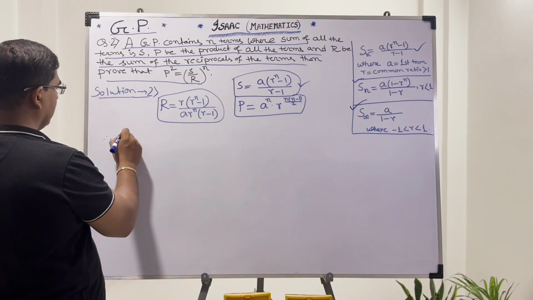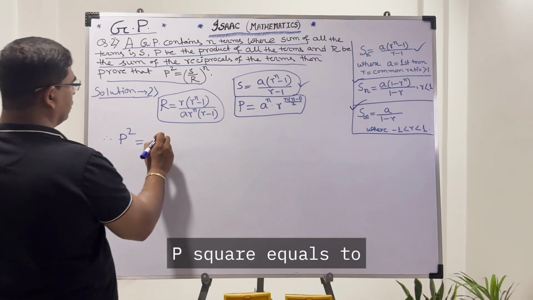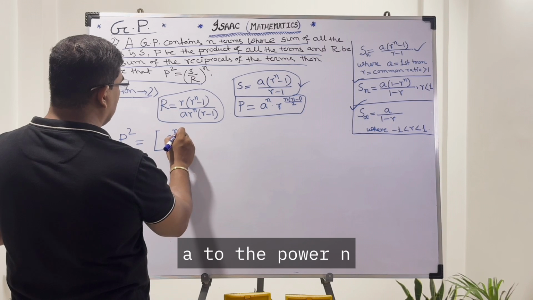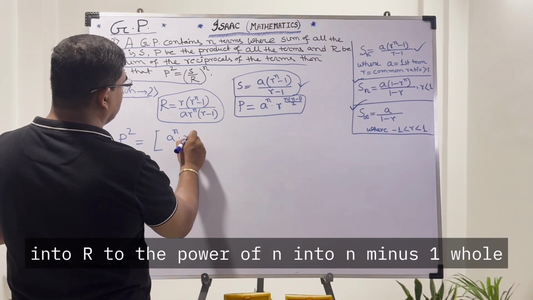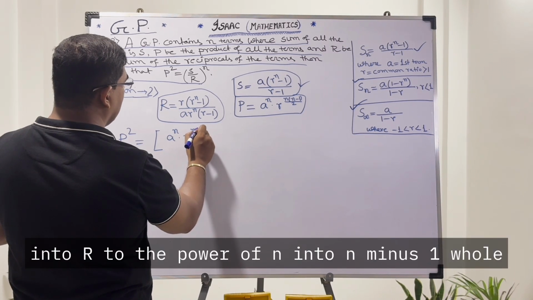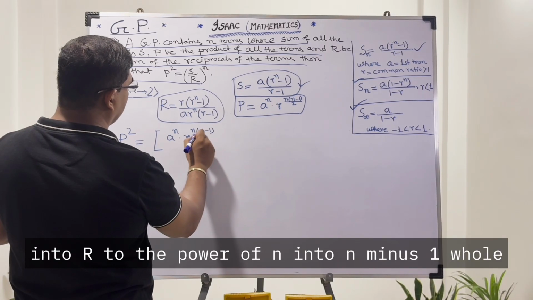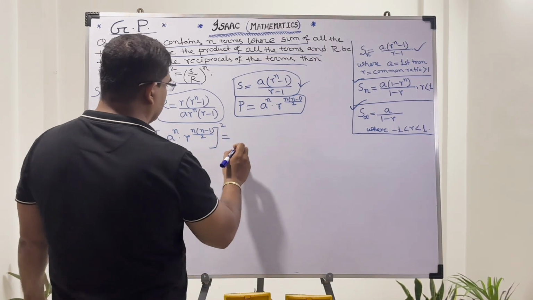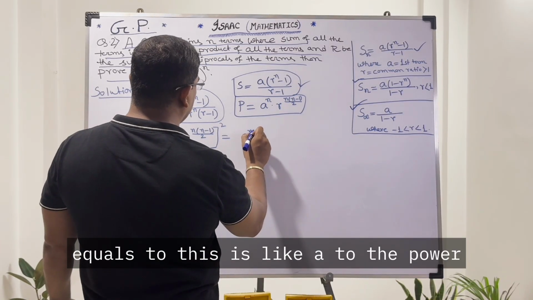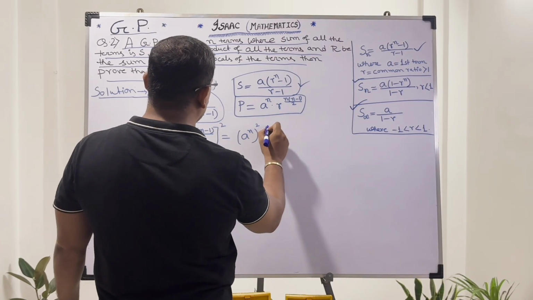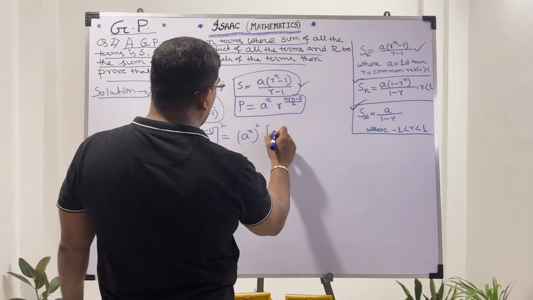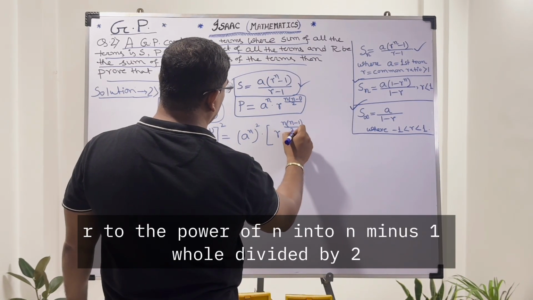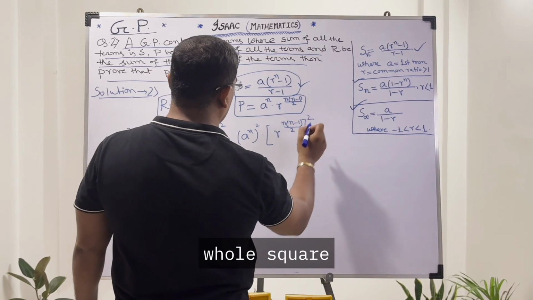So therefore P square equals, P means A to the power n into R to the power of n into n minus 1 whole divided by 2 whole square, equals, this is like A to the power n whole square into R to the power of n into n minus 1 whole divided by 2 whole square.